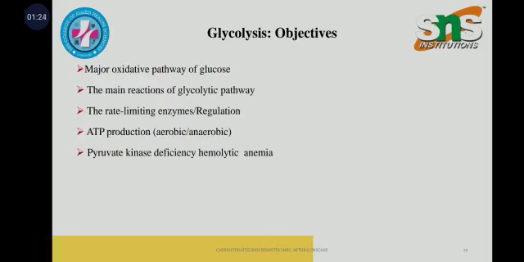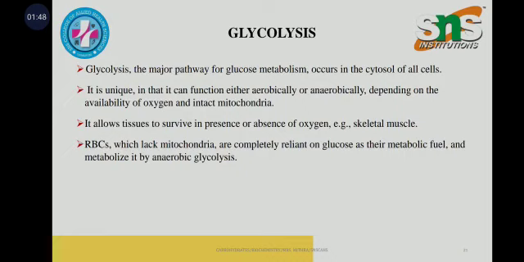The main objective of glycolysis: it is considered the major oxidative pathway of glucose. We will see the main reactions of the glycolytic pathway and the ATP production, which happens in both aerobic and anaerobic conditions, and pyruvate kinase deficiency, which causes hemolytic anemia. Glycolysis, the major pathway for glucose metabolism, mainly occurs in the cytosol of all cells.